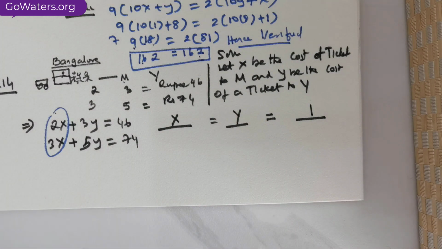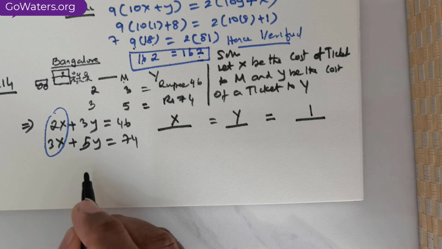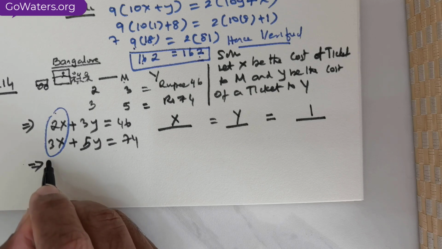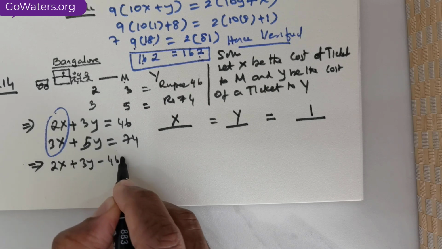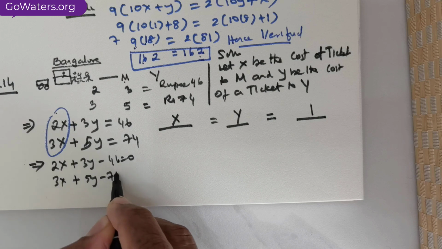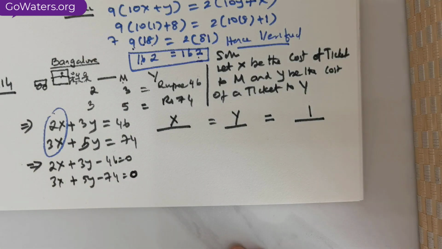So it is always better to bring these values into the left hand side. So I would write the following system: 2x + 3y - 46 = 0, and 3x + 5y - 74 = 0. This is what I would do.